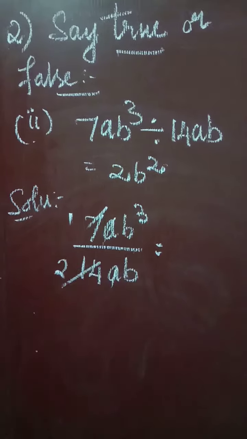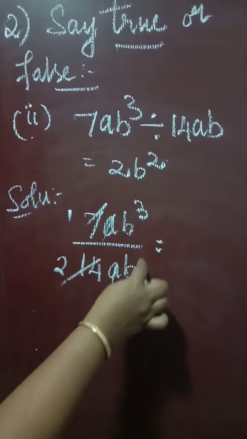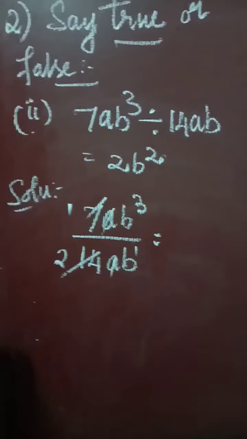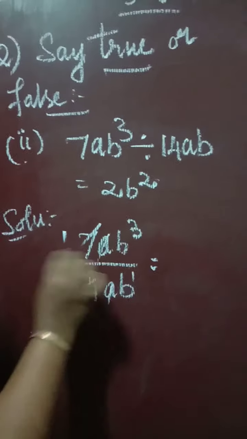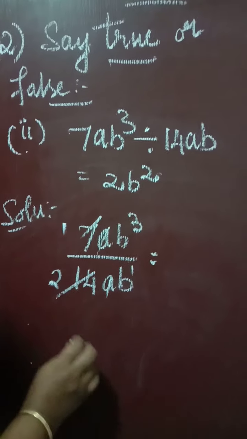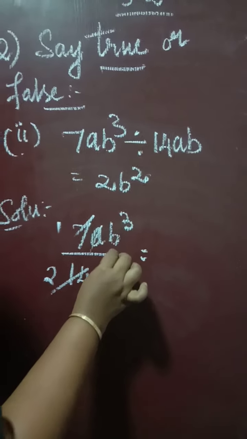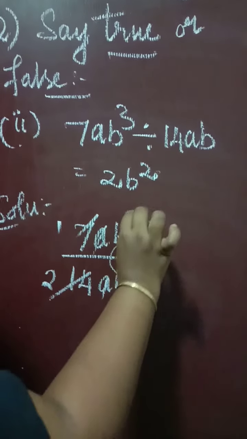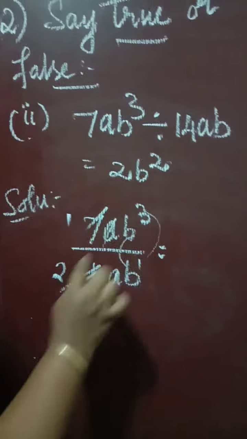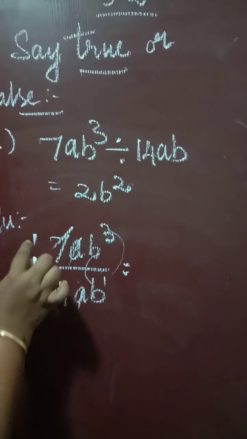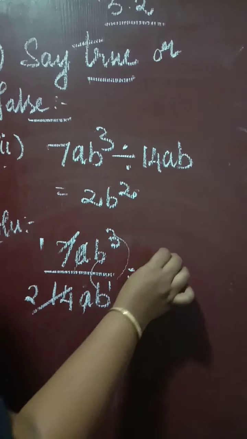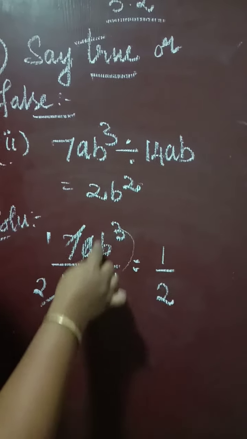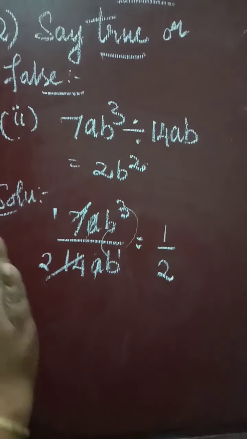So a cancels. Here b cube, here b power 1. What is the answer? In division, if the bases are the same, we subtract the power. Here a cancels, so no a term.